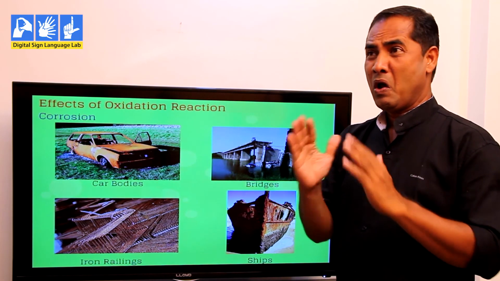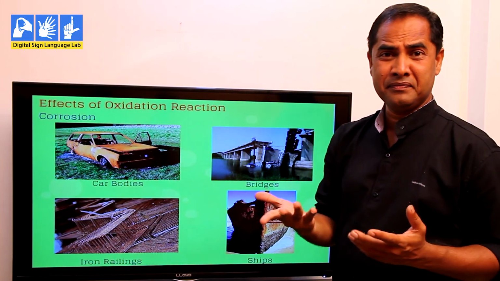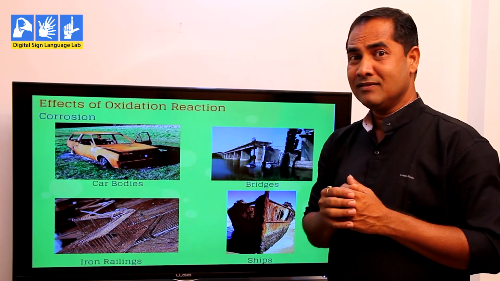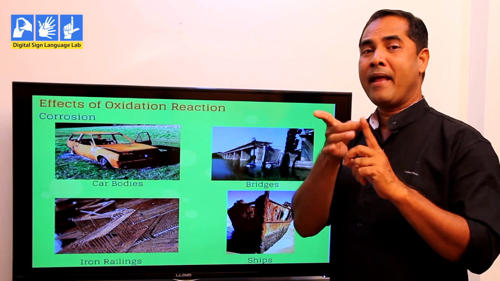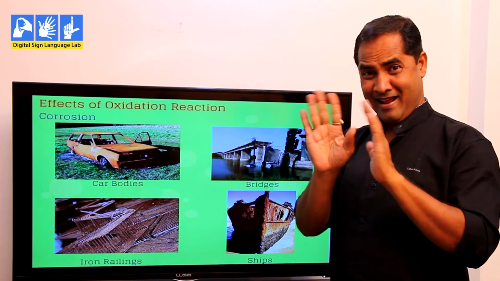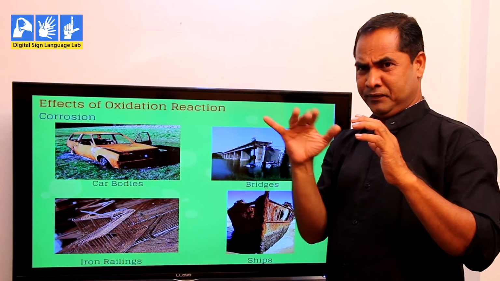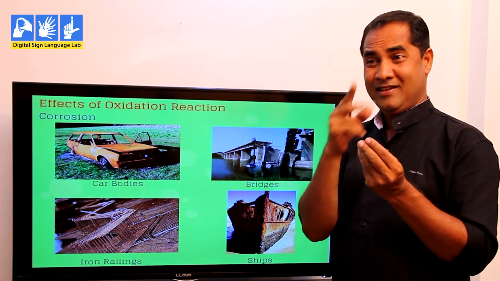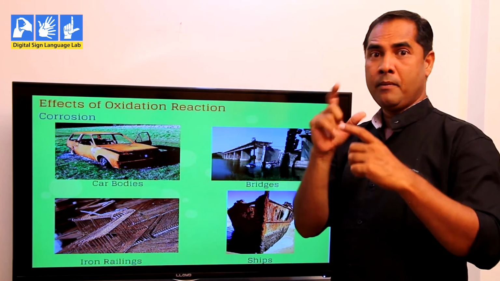You must have seen old cars and buildings falling down and bridges falling down. What exactly is the reason behind that? That is corrosion of metals because of the presence of oxygen, and metals lose their strength after corrosion.